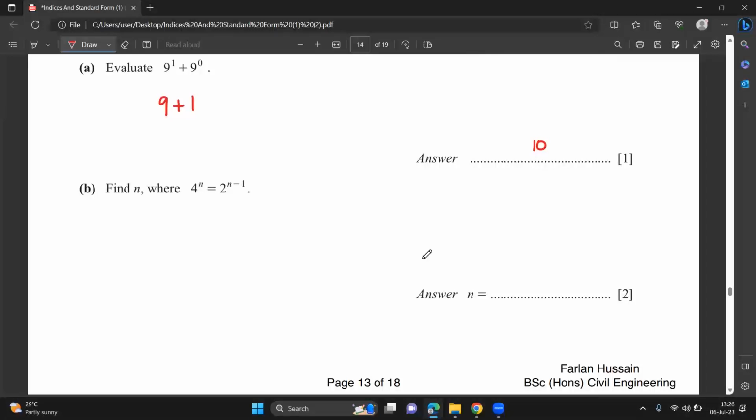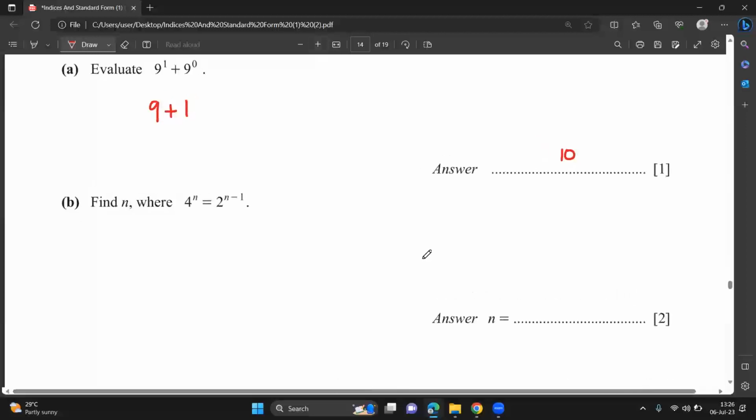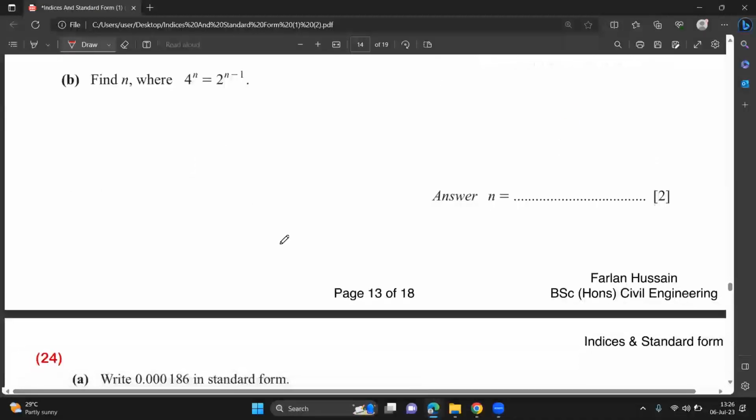Find n where 4 to the power n is equal to 2 to the power n minus 1. I told you whenever you get questions like this, what's the first thing that you have to do? The bases should be the same or equal. Only then we can compare both the sides. Should I change the 4 to a 2 or the 2 to a 4? 4 should become a 2.